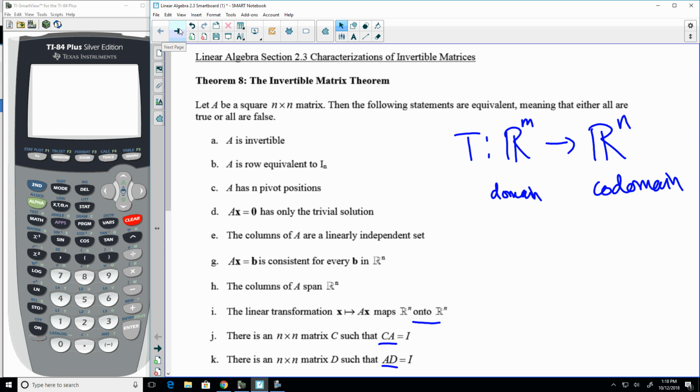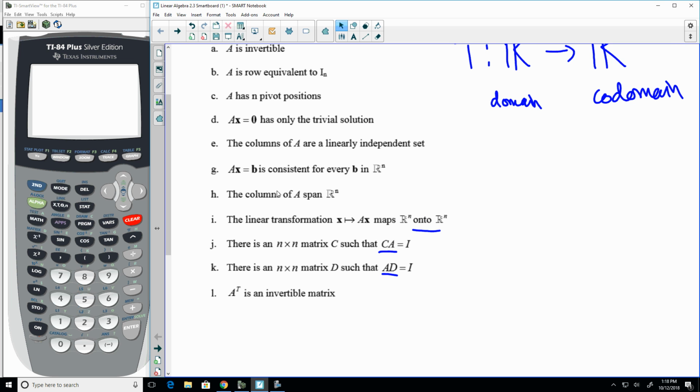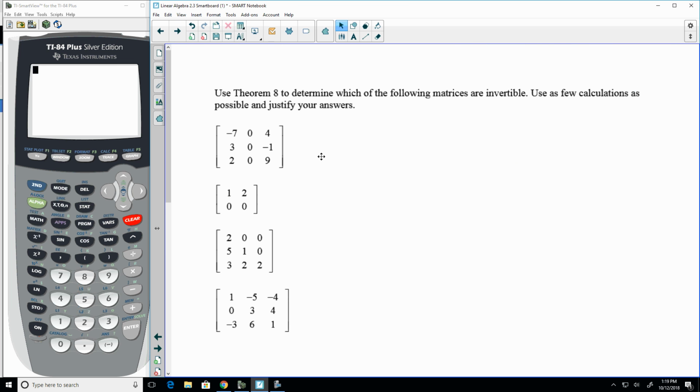So we just have to remember that all those mean the same thing. Yeah, we know one exists because we have the inverse. The inverse is the only one that works both ways. So you can multiply it on either side and get the identity. Okay. And it may be the only one, I'm not sure, but the way that's worded, there might be others.